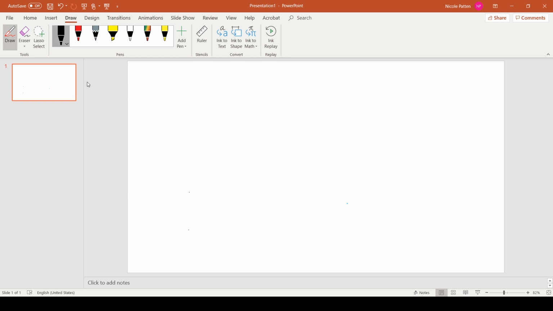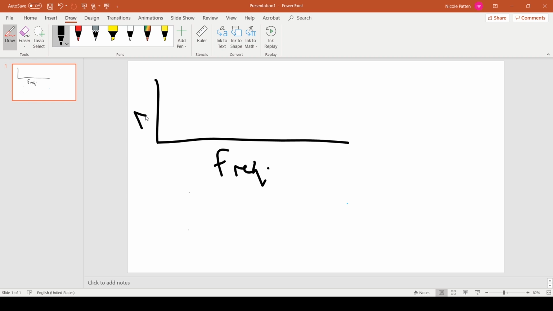All right, so here we're in the frequency domain. So we've got a graph that's going to go by frequency and amplitude, and it's very easy to figure out what the frequency is because you're going to have these bars.